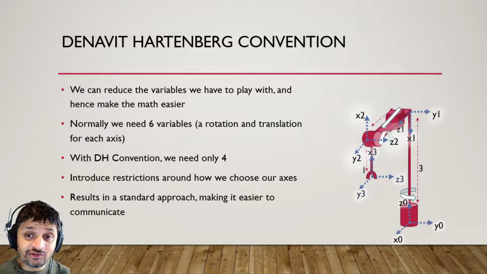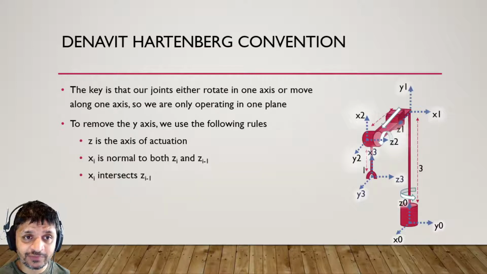And because it's a convention, like all conventions, it makes it easier to communicate around what our robot structure is, right? Now, the reason we can do this is because remember we said our joint either extends in one direction or rotates in one direction. Now, when a joint rotates, remember that means we're sort of rotating the plane. And when we're moving, we're sort of moving in that one axis, right?